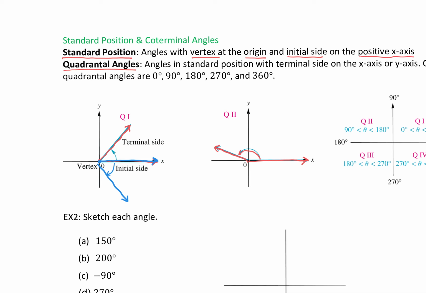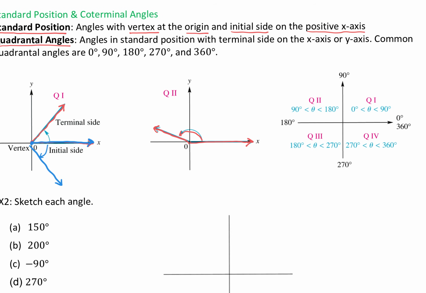So if we look at this second diagram, if I have initial side on the positive x-axis, vertex at the origin, and I just go around to the y-axis, I would get this right angle. This is an example of a quadrantal angle. It's an angle in standard position where the terminal side is, in this case, on the y-axis.